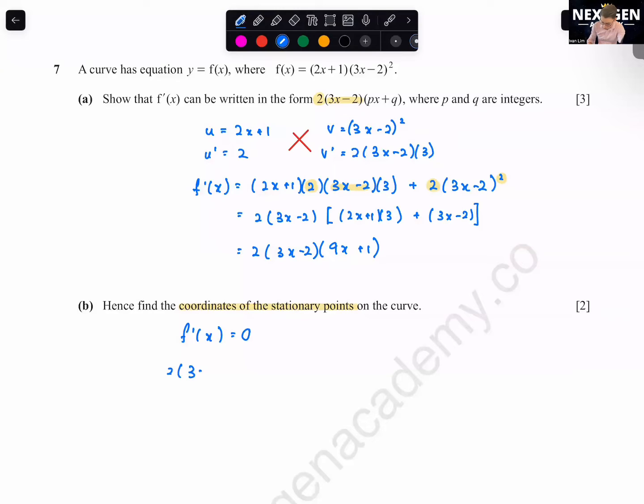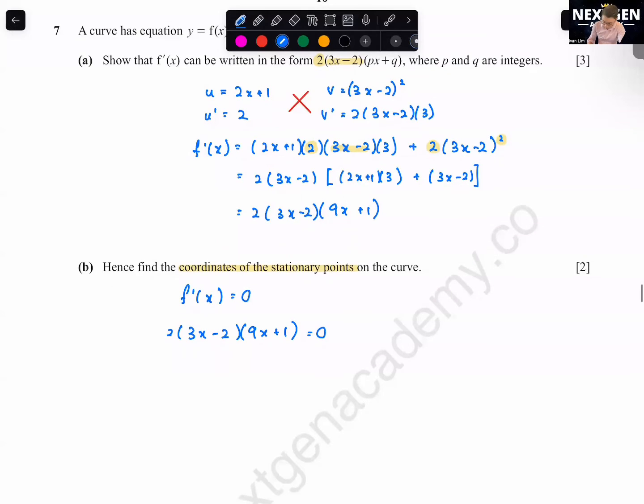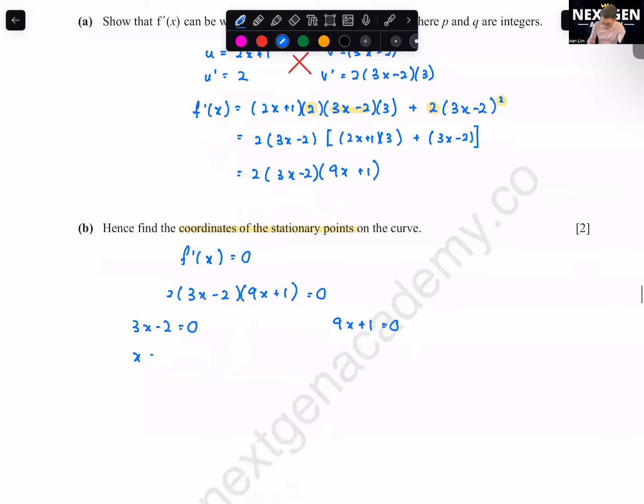So 2(3x - 2)(9x + 1) equals 0. I'm going to take each bracket equal to 0, don't need to open up the bracket. So 3x - 2 equals 0, and here I got 9x + 1 equals 0. x is 2 over 3, and here x equals negative 1 over 9.